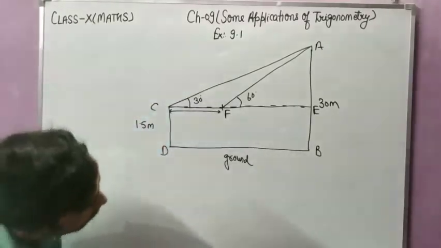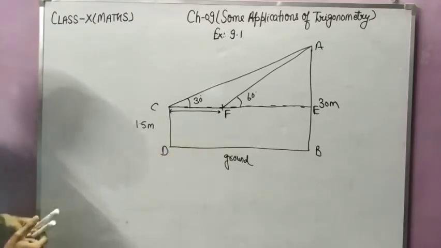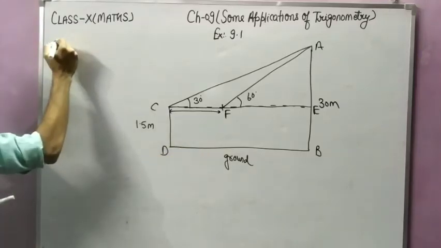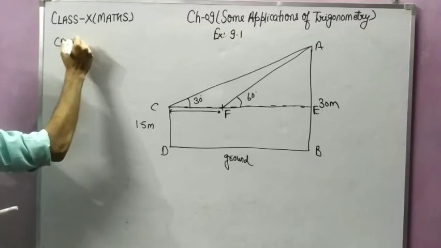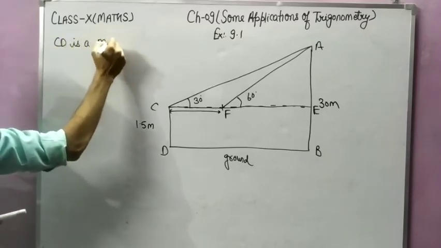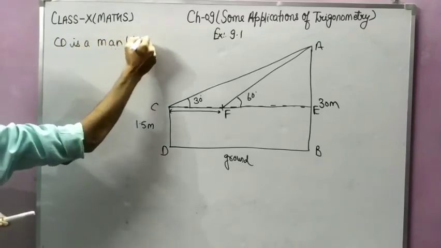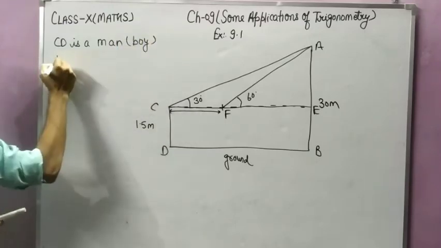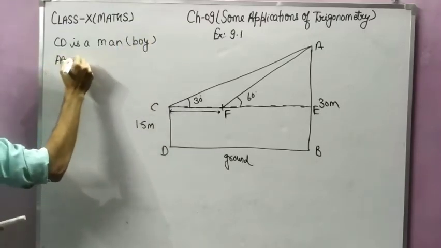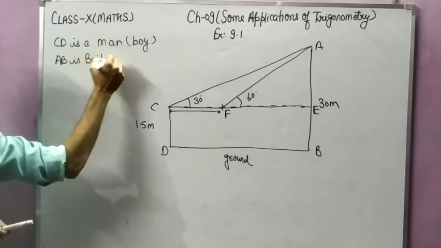Okay, so now first we will note down some assumptions, like what we have done. CD is the boy, CD is a man or boy, whatever is given, ठीक है, and AB is the building.